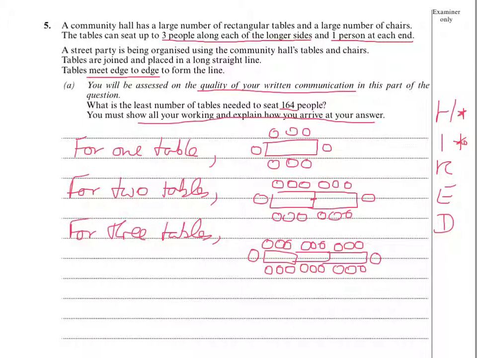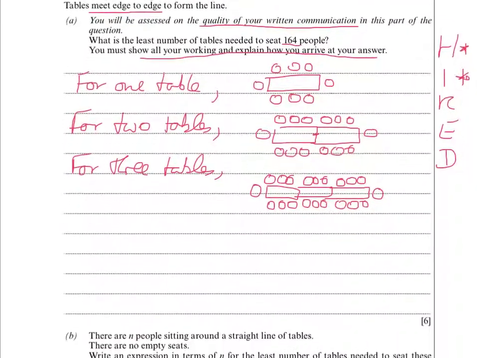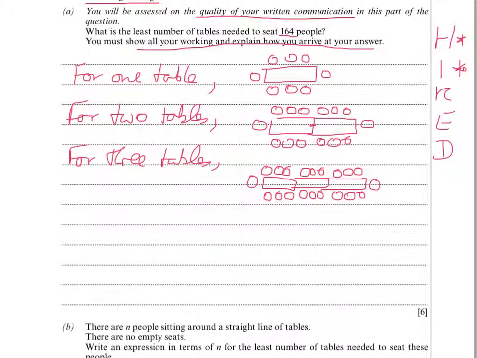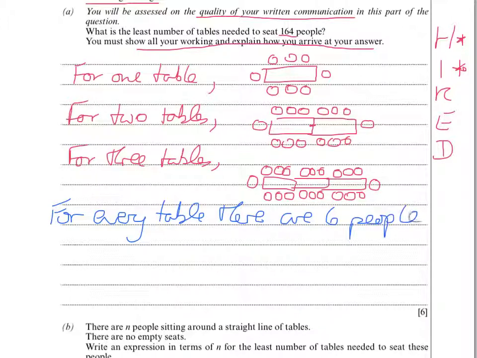So what have I noticed when I've been answering my question? For every table there are 6 people, with always only 2 at the far end.